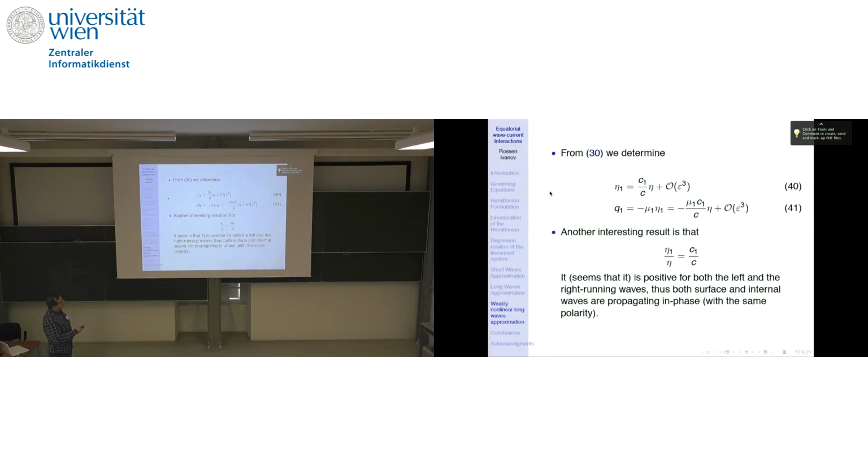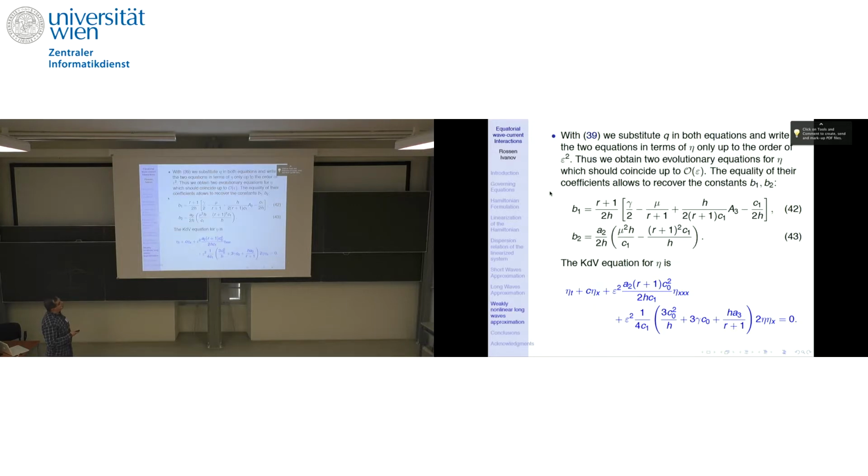And their ratio seems to be positive, at least for the right running wave, and probably for the left running wave also, unless there are some pathological values of the parameters. Comparing the equations, we have expressions for the two constants B1 and B2, and ultimately the KdV approximation.